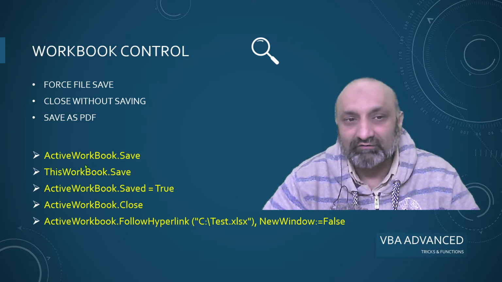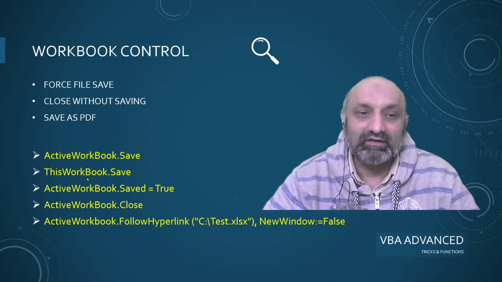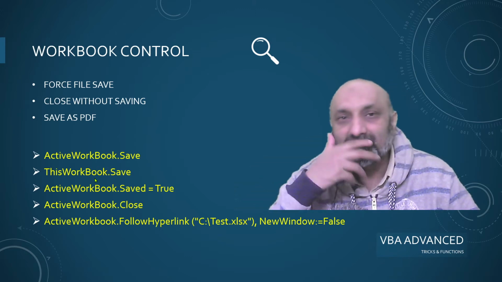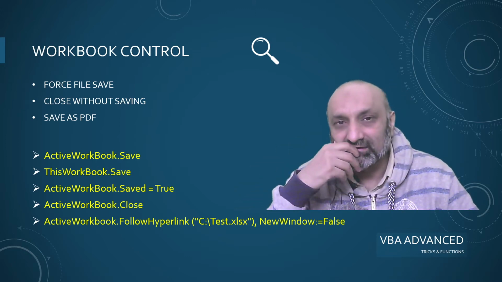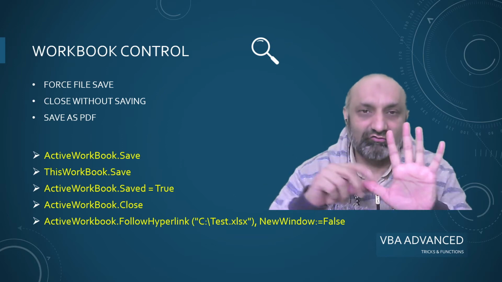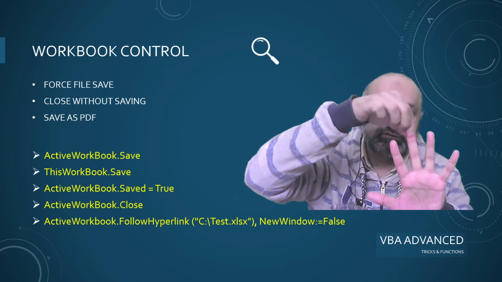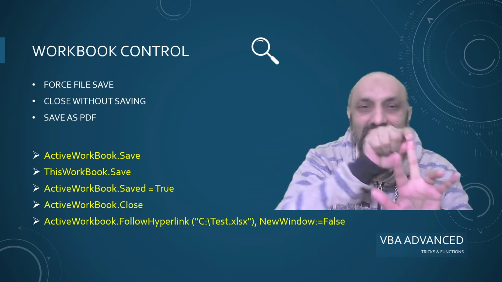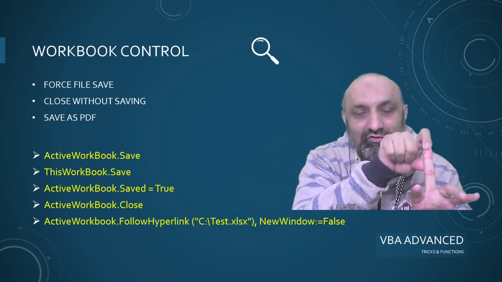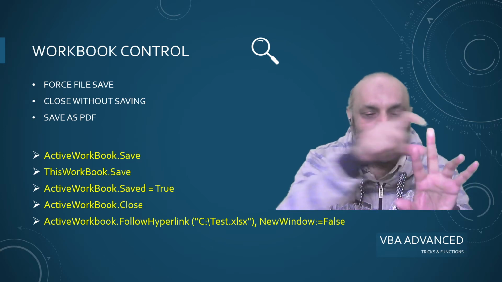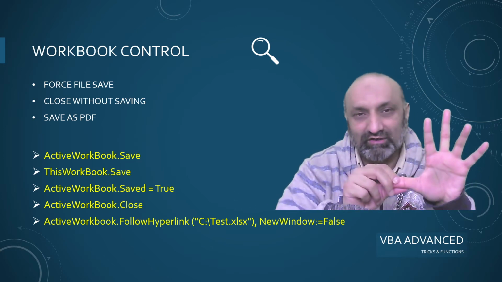So what is the difference between ActiveWorkbook.Save and ThisWorkbook.Save? Think about it. If I have 5 workbooks open, 1, 2, 3, 4, 5, and the third one is the file with the code, and I'm working on file number 1.